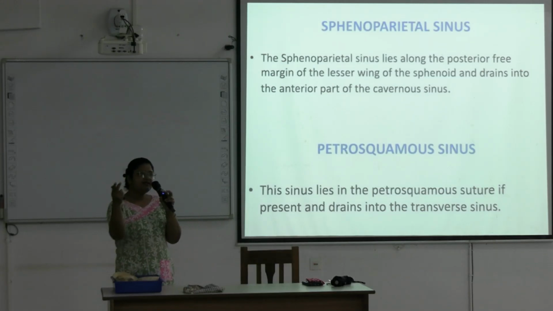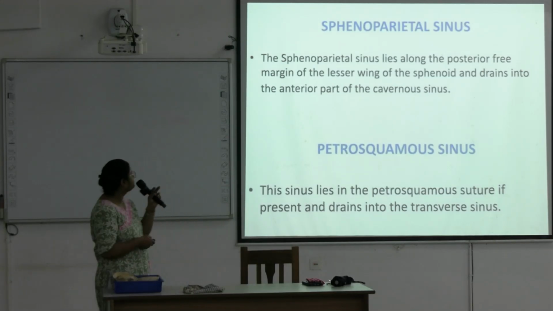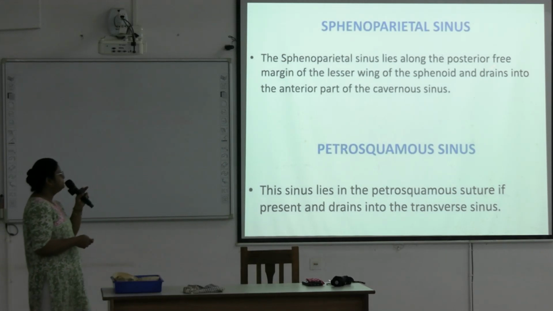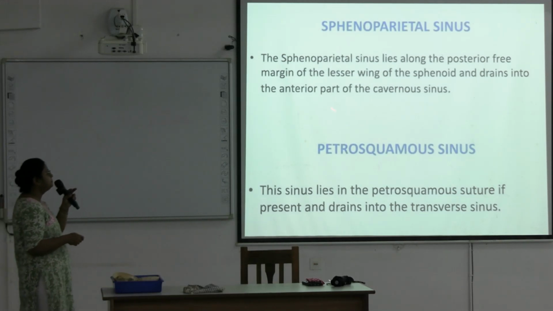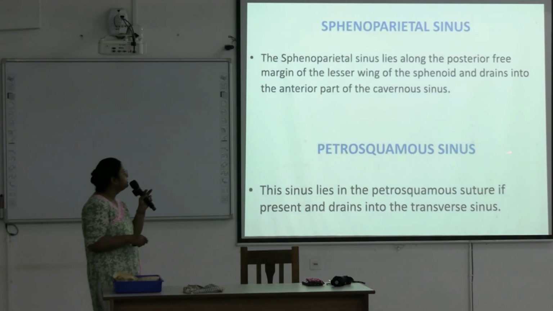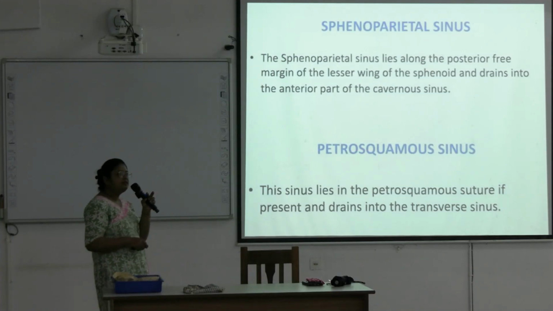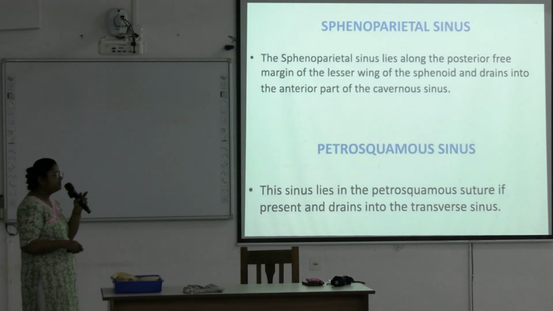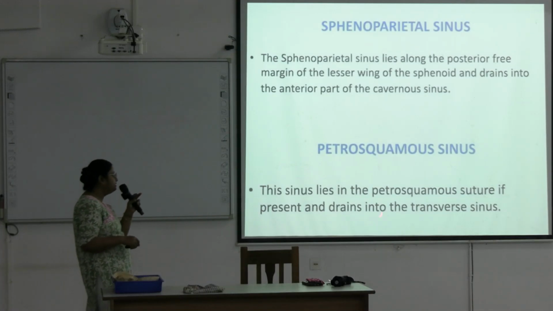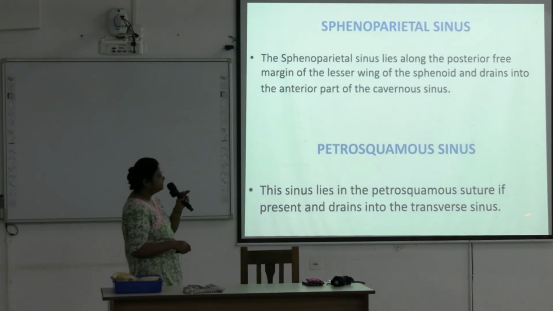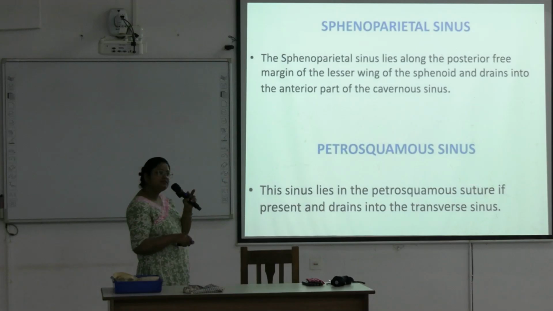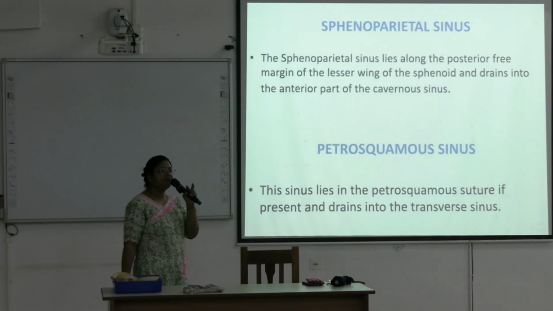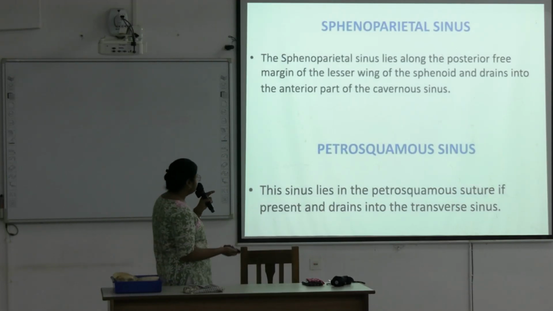It is connected to the cavernous sinus and drains into the anterior part of the cavernous sinus. Next is the petrosquamous sinus. This sinus lies in the petrosquamous suture, if present, and drains into the transverse sinus. It is not always present. In some patients it may be absent. That is normal.